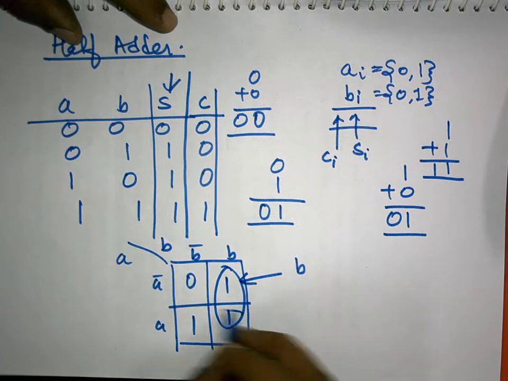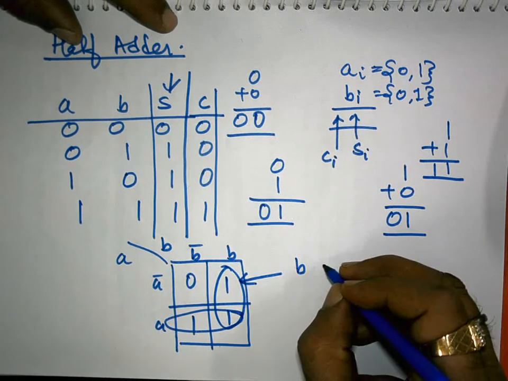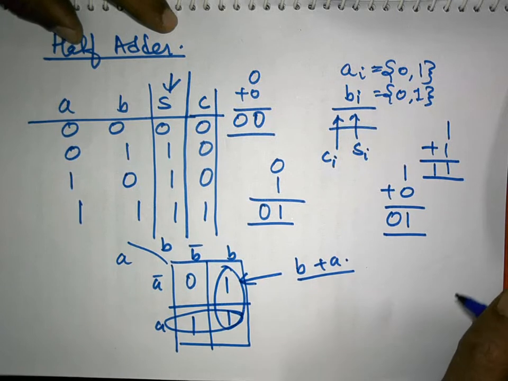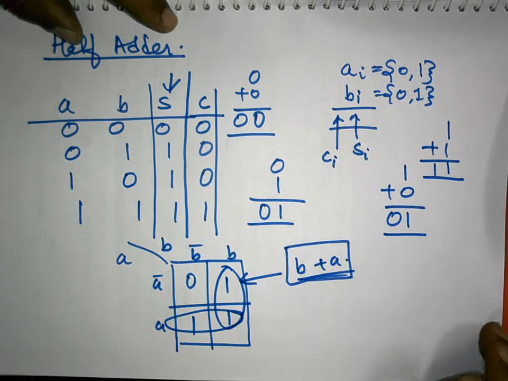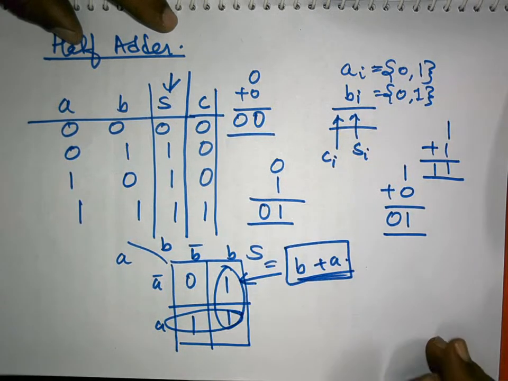B. Okay. And what is coming out of this group? A. Okay. All right. So, you proceed for the design of this circuit B plus A using NAND gate. You can design an OR gate, because this is an OR gate, using NAND gates. So, you proceed with the realization of sum using NAND gate, or you can also proceed using NOR gate.